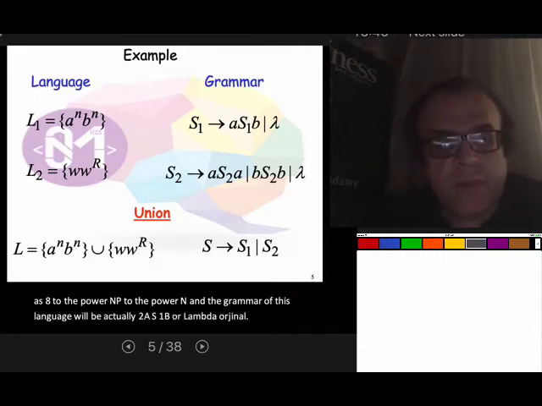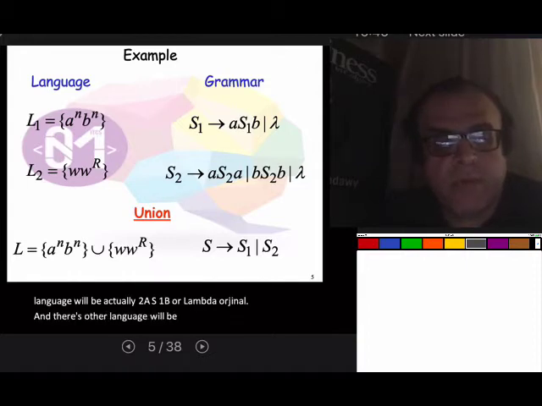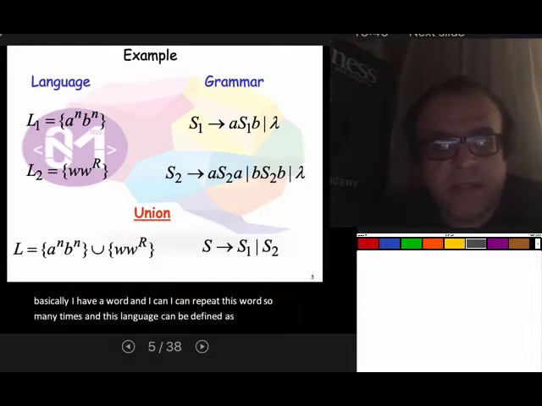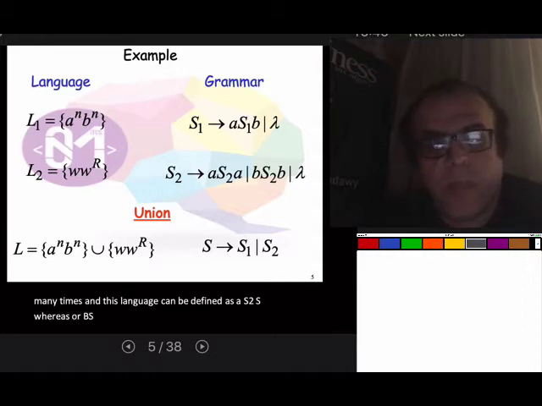The other language will be w w to the power r, where I have a word and repeat it, and this language can be defined as S to aSa, or bSb, and lambda.